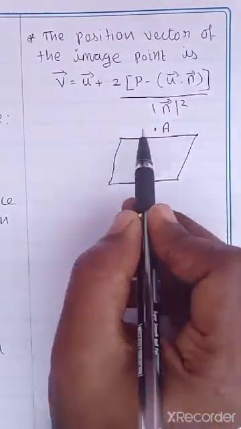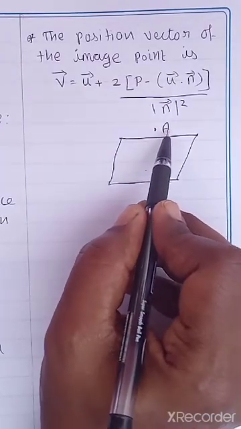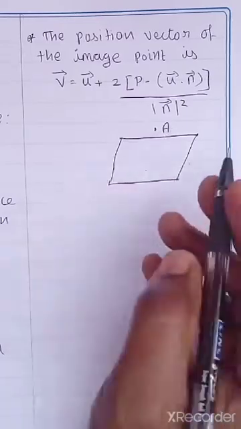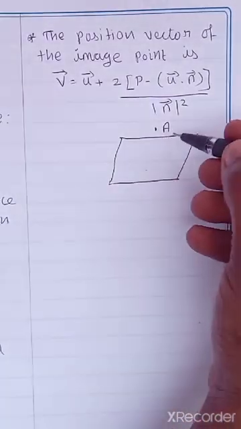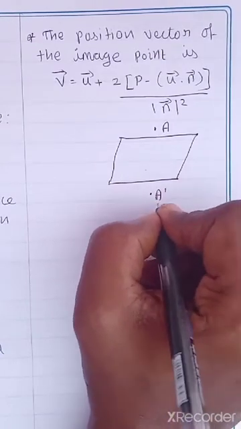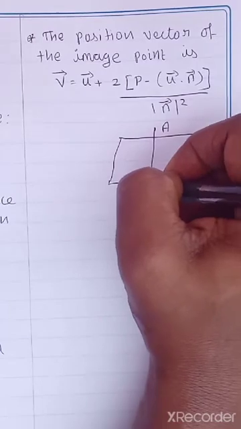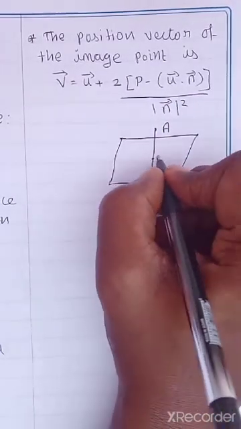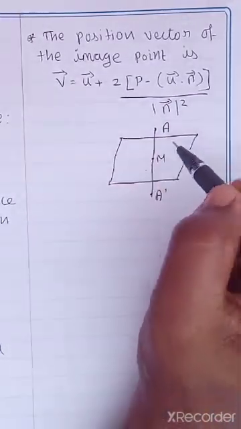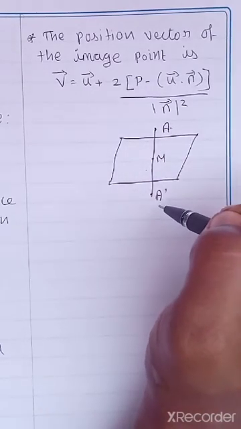We are going to find the image of this point. How can we find it? It is your reflection point, right? So here this will be A dash. This is your image point. So this is your point, this is your plane, and this is the image point.